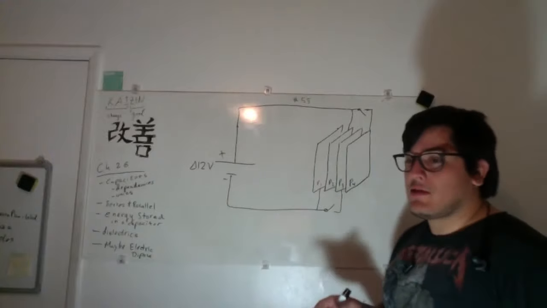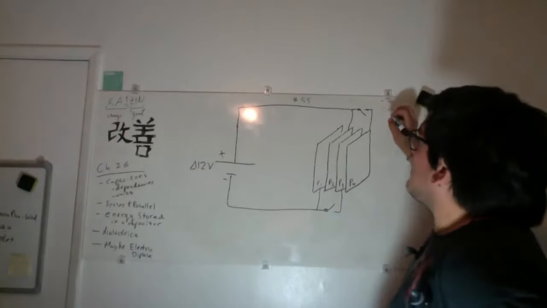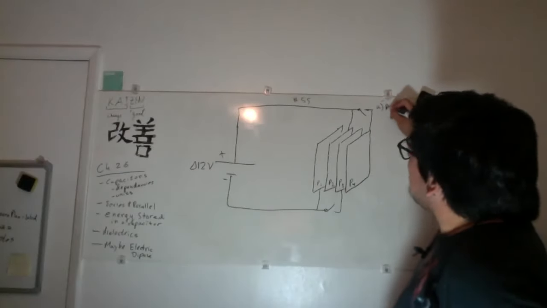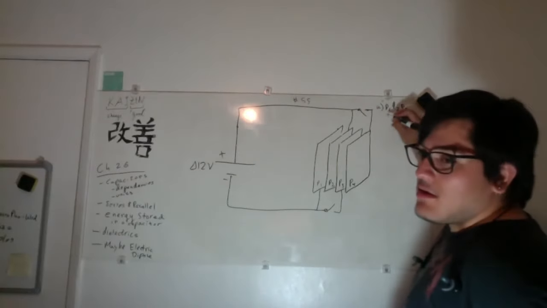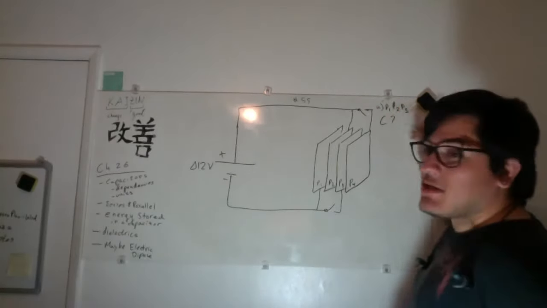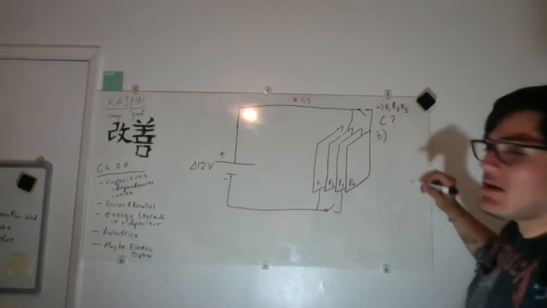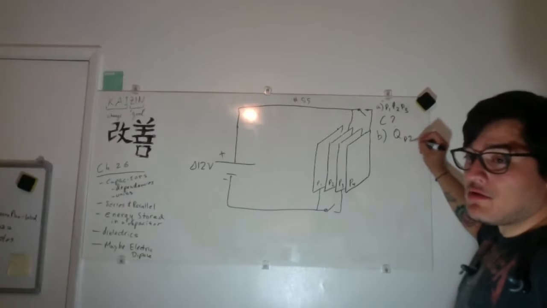What they want from us is, first, due to P1, P2, and P3, what is the capacitance? And then they ask for the charge on plate 2.